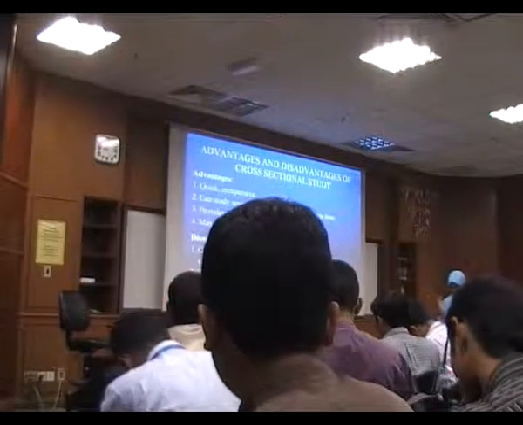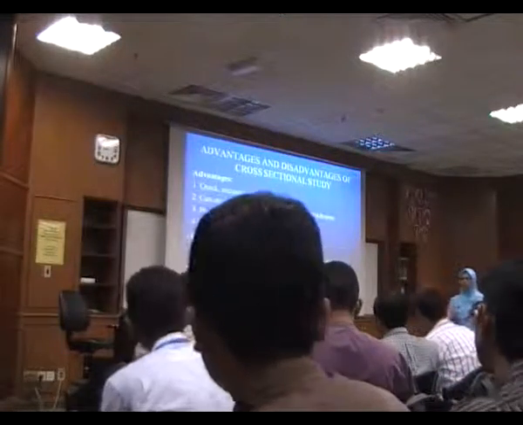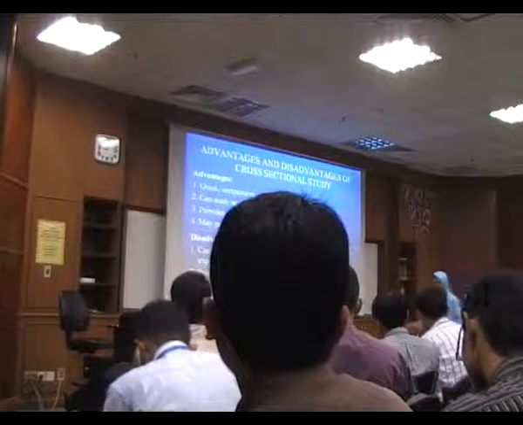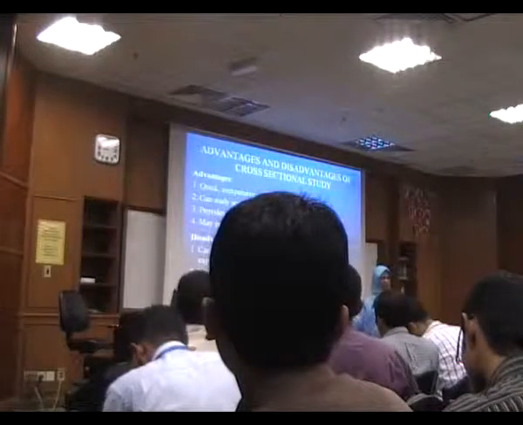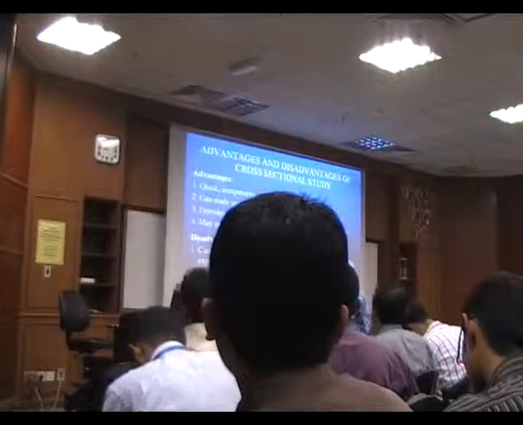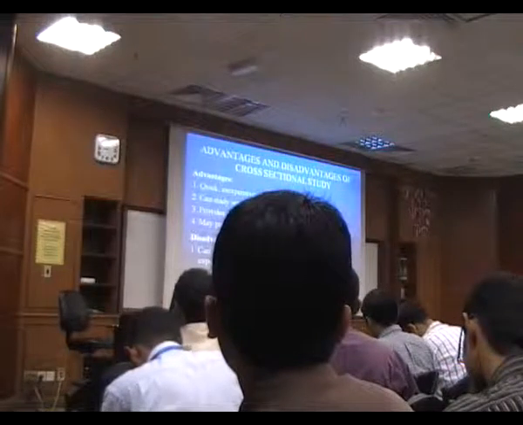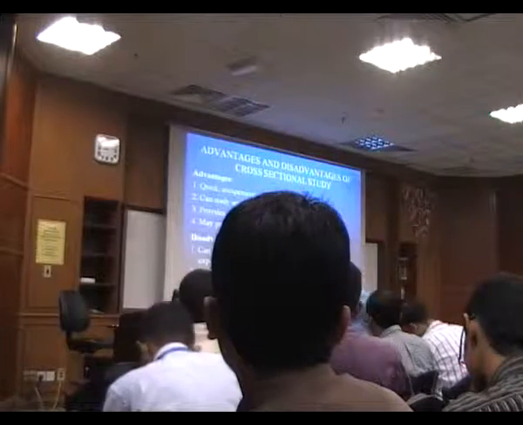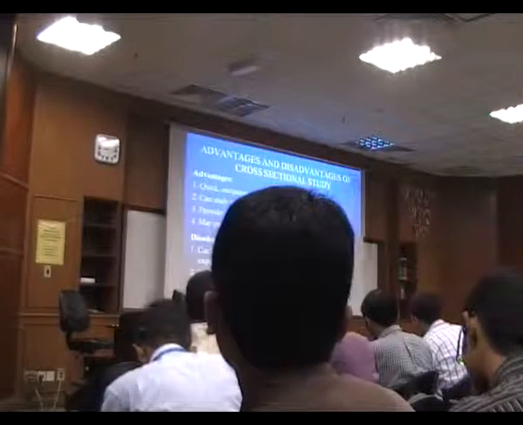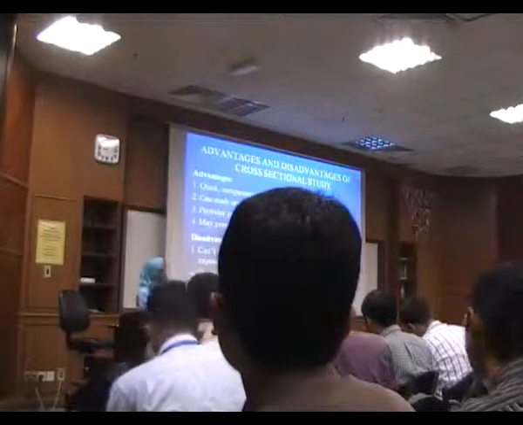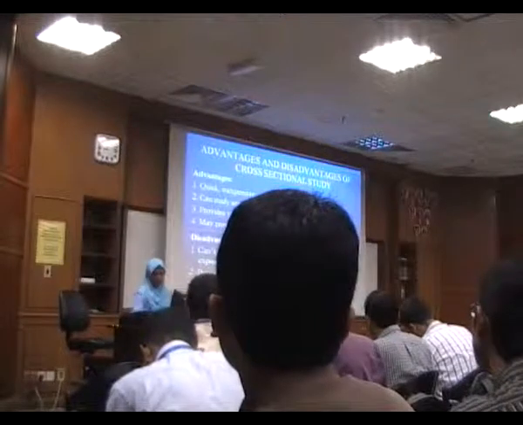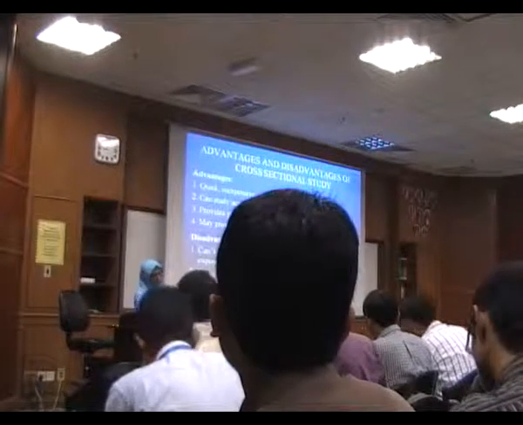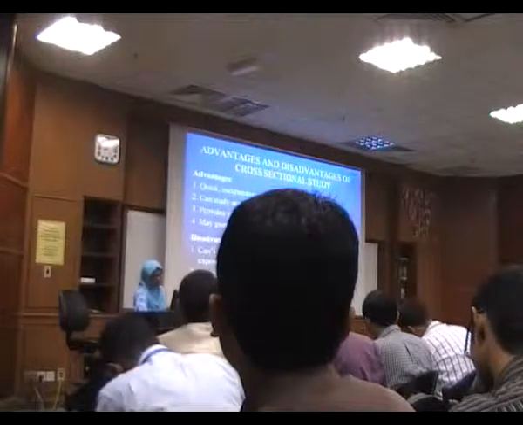You have to look at, okay, this is the smoker, non-smoker. You have to follow them up for some period and you can see how many are suffering from it. So it is not possible from the cross-sectional design. Okay? This is the limitation of cross-sectional design. Many biases may arise in cross-sectional design.